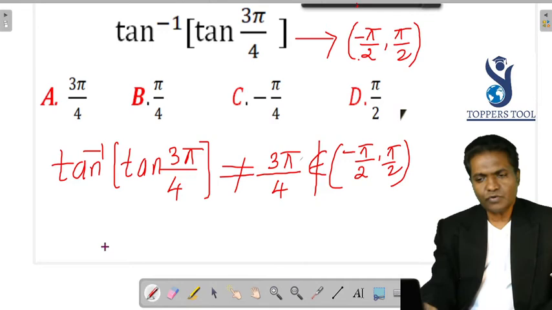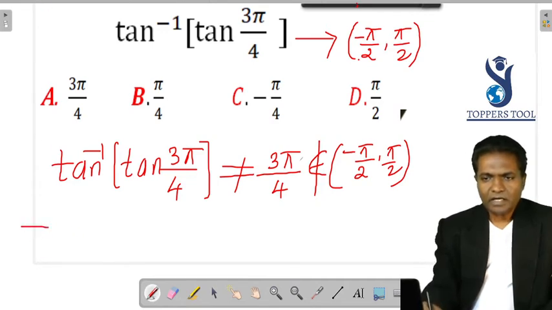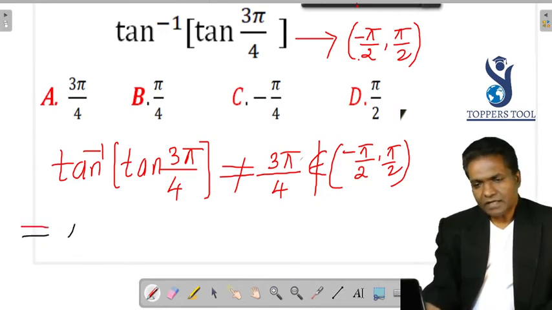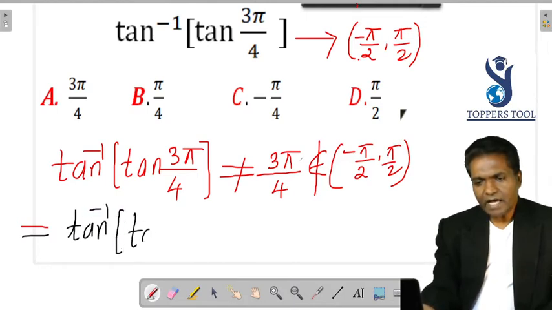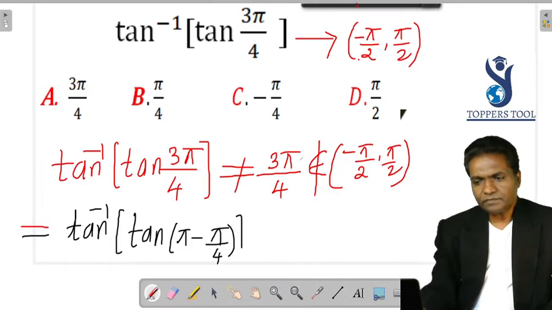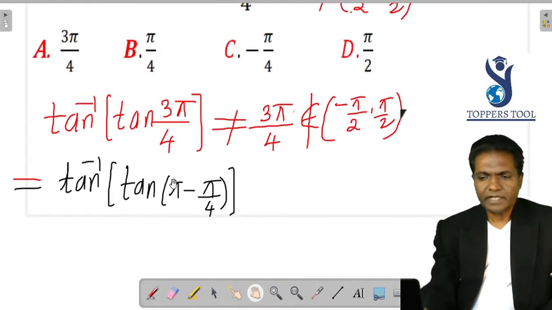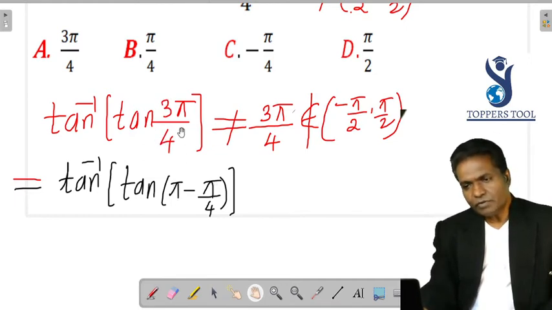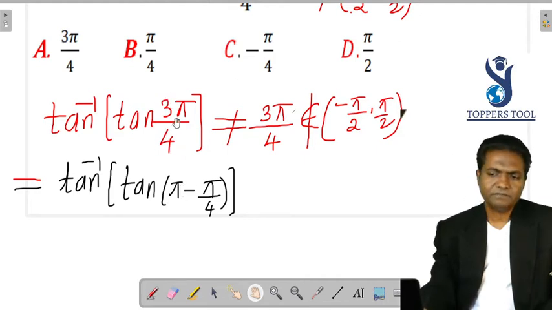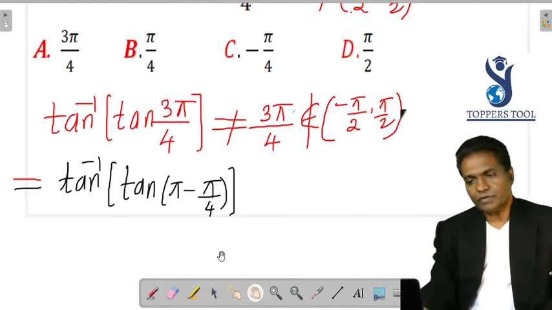So what to do? You have to convert this as earlier. For tan of 3 pi by 4, I will write pi minus pi by 4, because if you take the LCM, 4 pi minus pi is 3 pi. One thing to note: if the number is 1 less than this, then a minus comes; if it is 1 more, then you write plus.